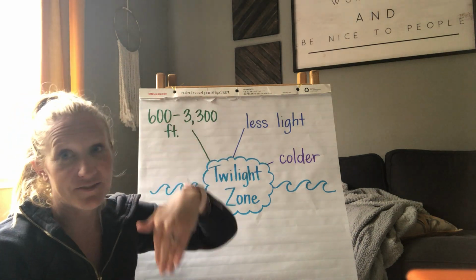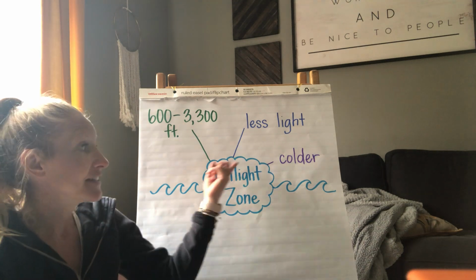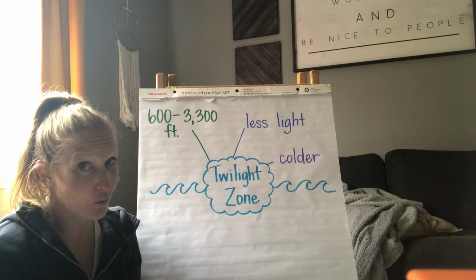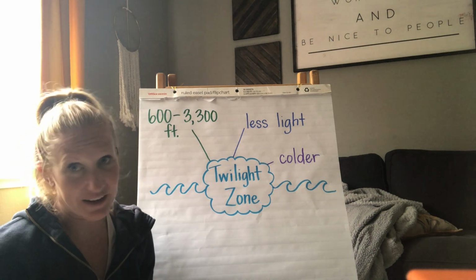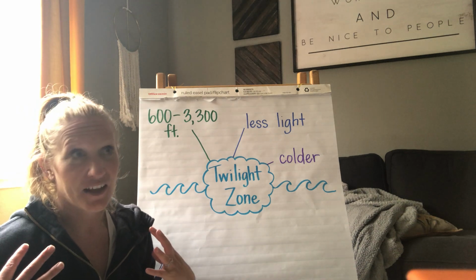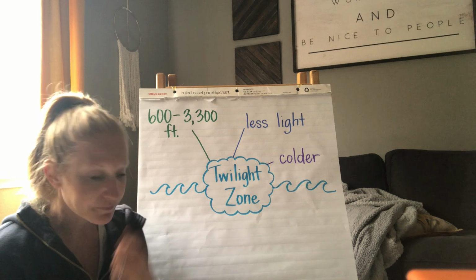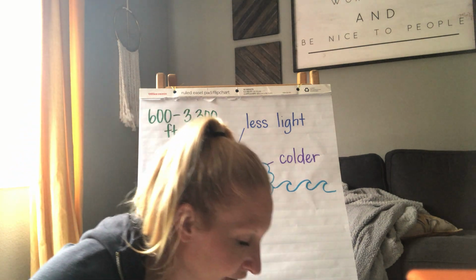And then as you dive down into deeper waters, it's going to get colder and colder. Same goes with this twilight zone. So this is a cold area, which means if you're an ocean animal that hasn't been given those superpowers, you're going to stay out of the twilight zone, okay? Now let's hear what it says about animals in the next paragraph.